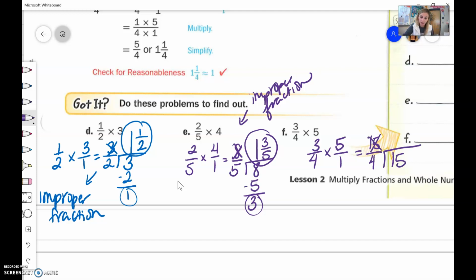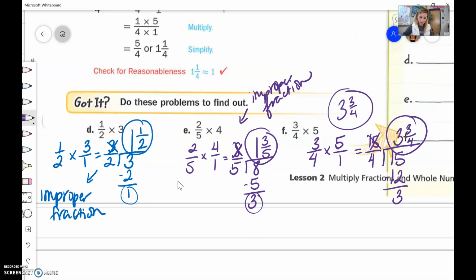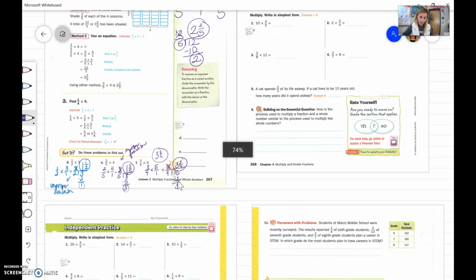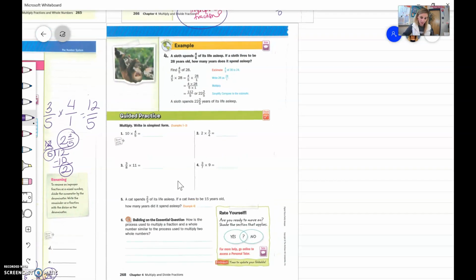I know that that can go in 3 times, which is 12. I subtract, and I get 3. That becomes 3, and my denominator stays 4, so it is 3 and 3/4. I'll rewrite it in case you can't see it. 3 and 3/4. Okay, let's go over here and let's do some examples together.